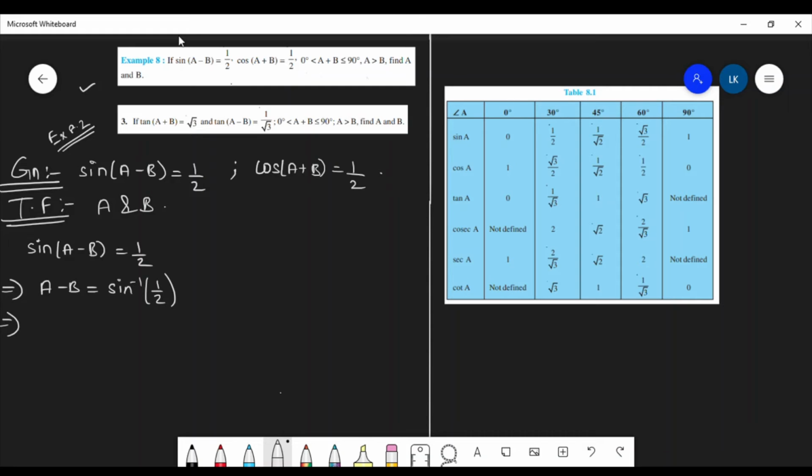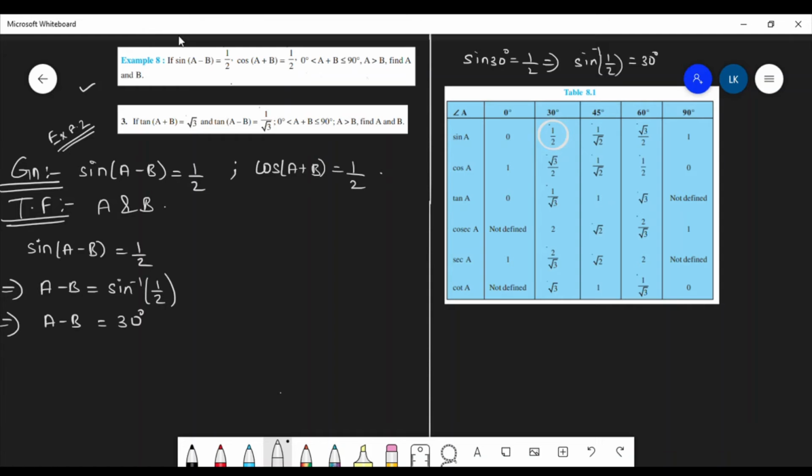What is sin inverse of 1 by 2? See the tabular column here. Where 1 by 2 is there, it is directly pointing to 30 degrees. Therefore, sin 30 degrees is equal to 1 by 2, which implies sin inverse of 1 by 2 is equal to 30 degrees. Therefore, A minus B is equal to 30 degrees.